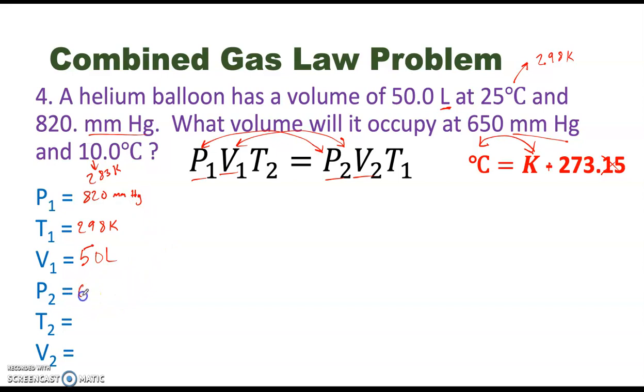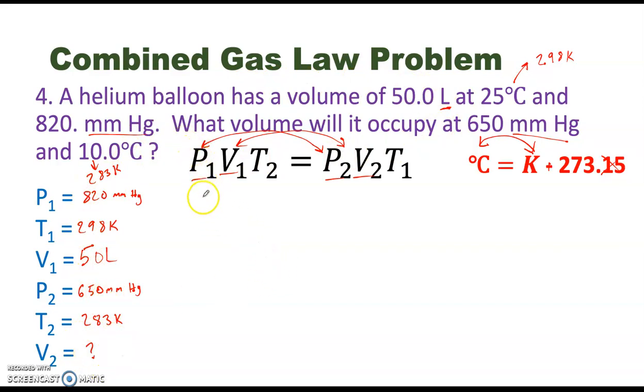It says the pressure changed to 650 millimeters of mercury. The temperature changed to 283 Kelvin. And it says what volume will it be? So there we go. This, I think, is the hardest part, trying to read this question and figure out what your initial conditions are, what your final conditions are, and what it's asking for.